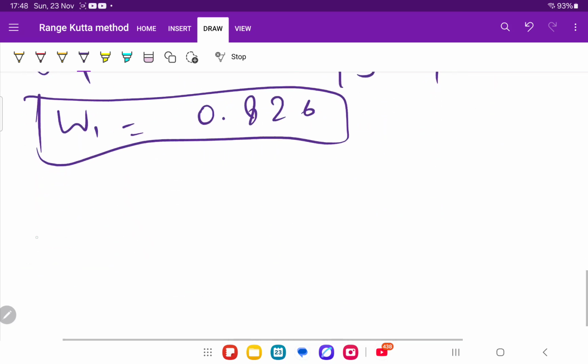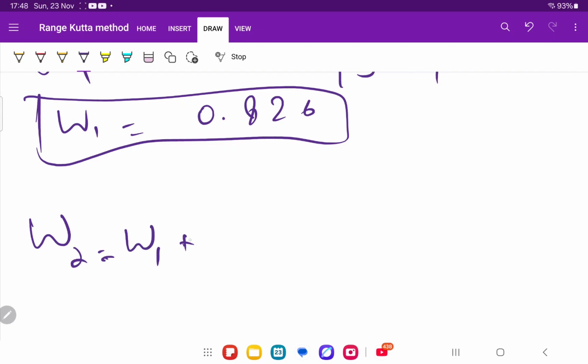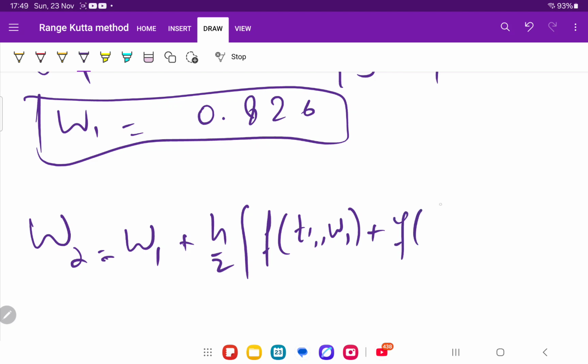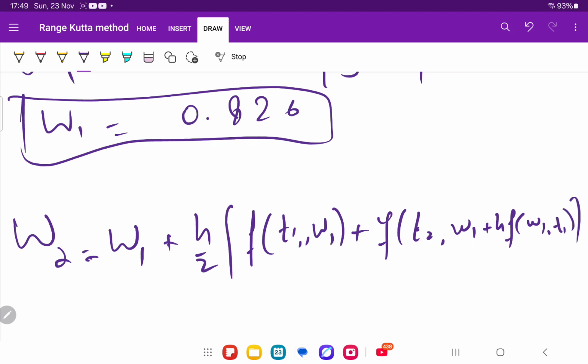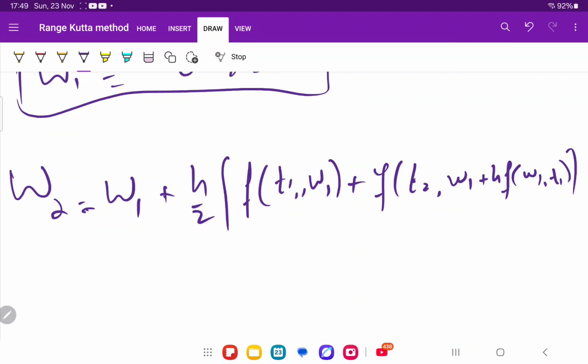Similarly, you can generate the second iteration: w1 plus h by 2, f of t1, w1, plus f of t2, and w1 plus h of f of w1, t1. So you need to calculate f of t1, w1 and f of t2 at this point.